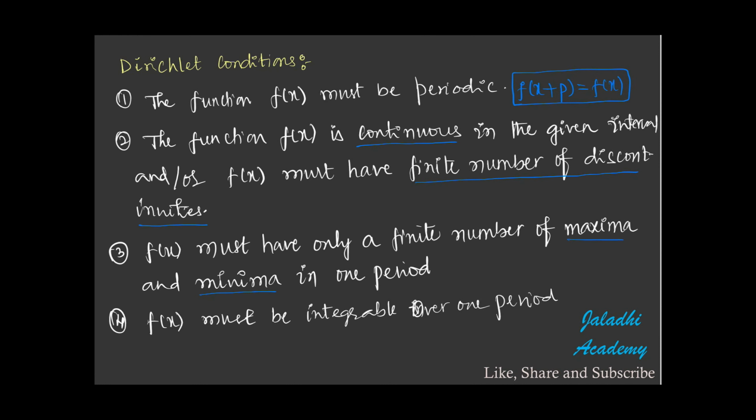It means the integration of the modulus of f of x into dx must be less than infinity. If all these conditions are satisfied by the function, then we can define the Fourier series. If any one of the Dirichlet conditions fails, then the Fourier series of the function f of x does not exist. Then we can see what that Fourier series is.